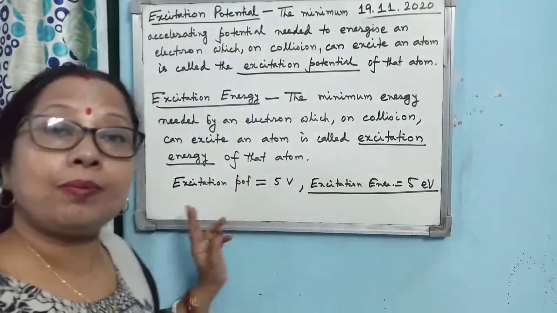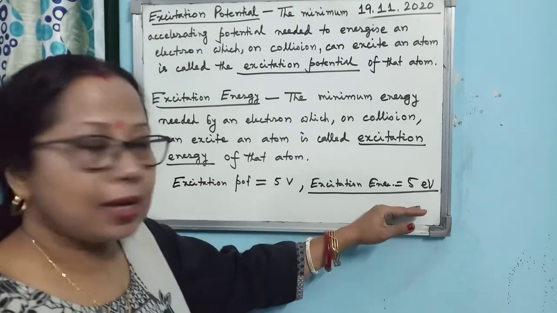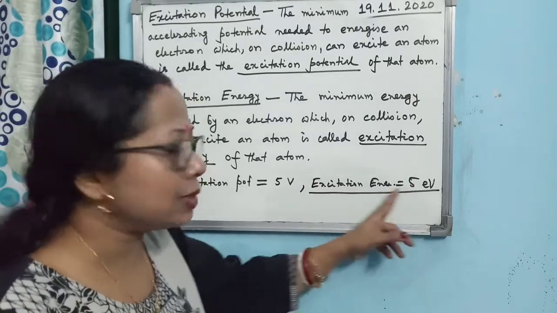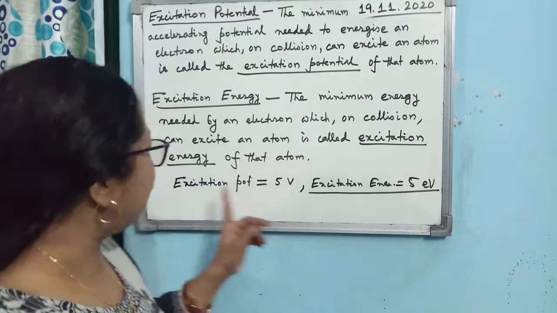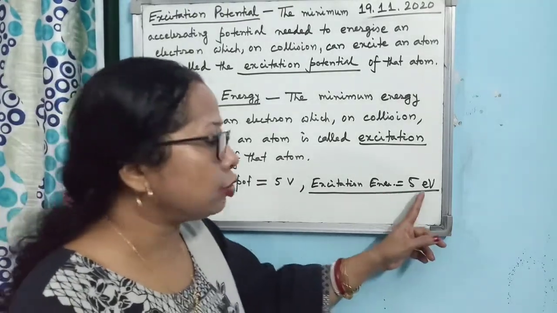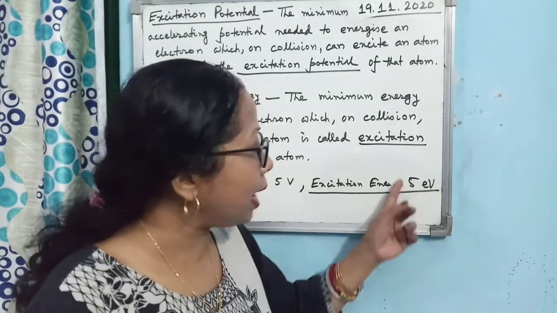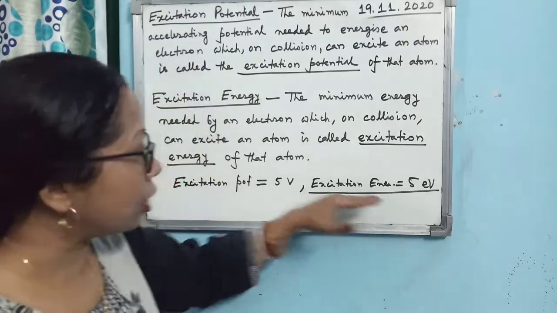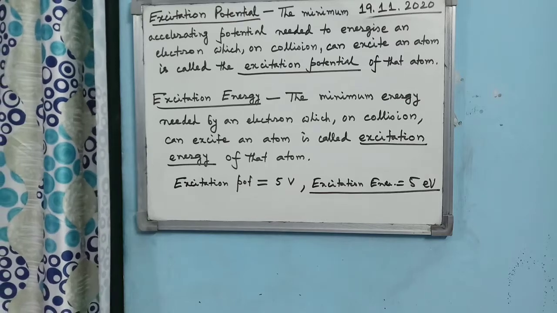In that case, what will be the excitation potential? 7 volt. You have observed that for excitation potential and excitation energy, the numerical value is the same. Only the unit will change. For potential it will be volt and for energy it will be electron volt, not joule. If it is joule, then the numerical value will also change. So this concept you must try to learn and remember.